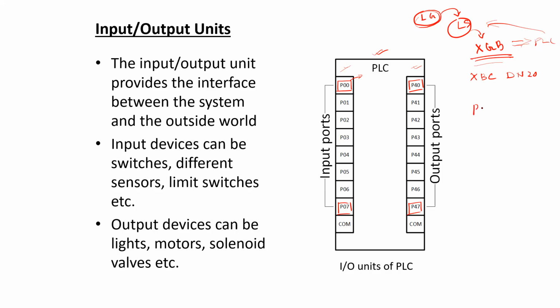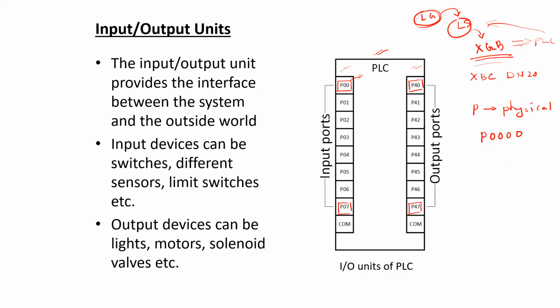P indicates that, by P they indicate any physical ports. These input-output devices are physical ports where the user has the authority to connect any input-output devices. For addressing these input-output ports, they start the address with P, and then the corresponding numerical digits associated with the address, for example 0000.